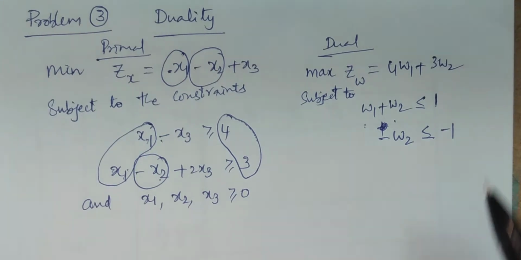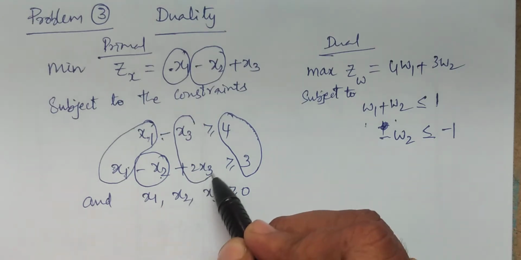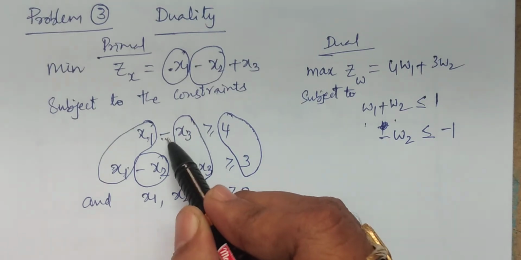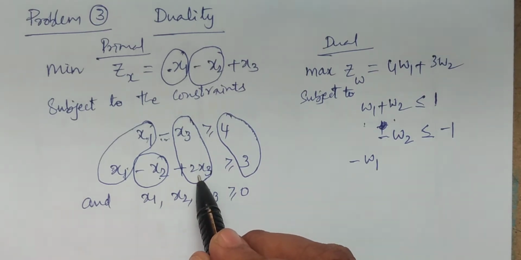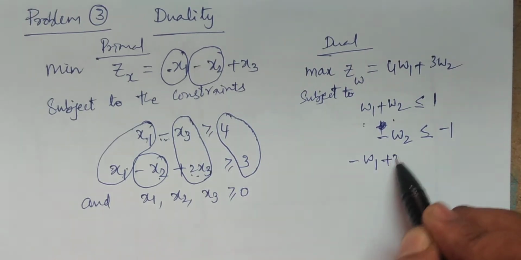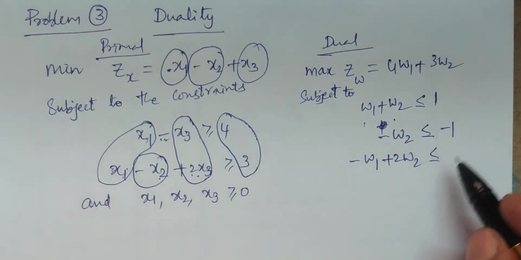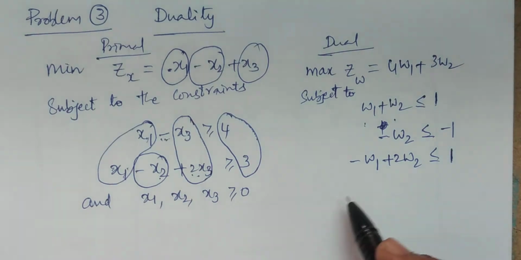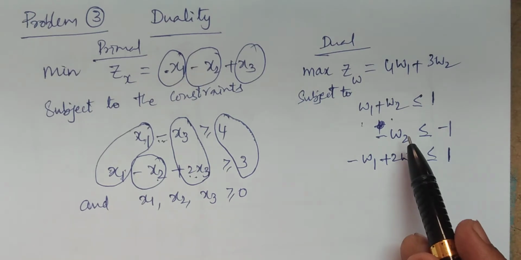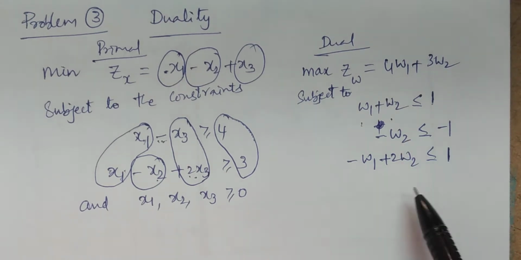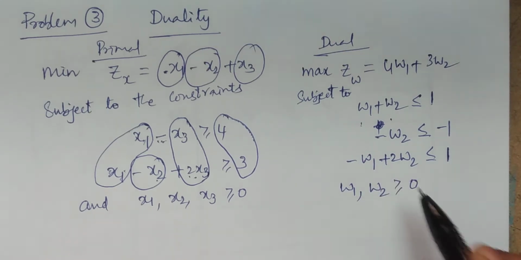Similarly consider the third one. To get the third constraint, it is minus omega 1 for x3, plus 2 omega 2, less than or equal to 1, the coefficient for x3 being 1. So these are the 3 constraints, because there are 3 variables, and omega 1, omega 2 are greater than or equal to 0.